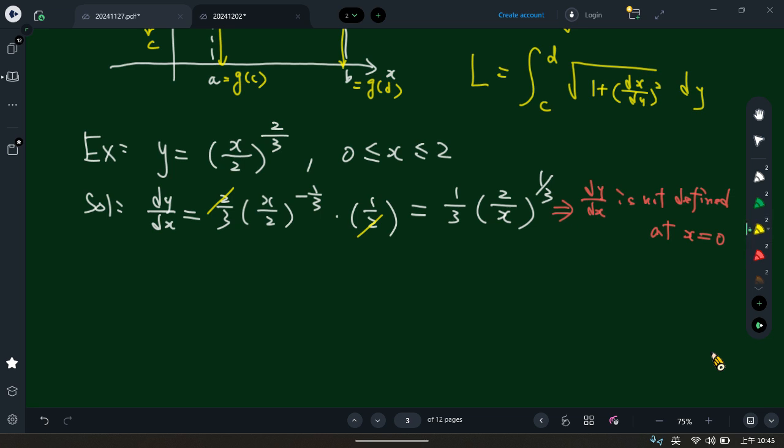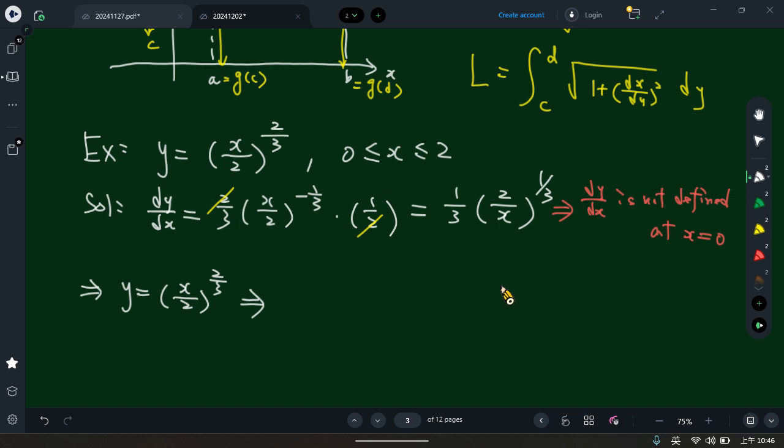So originally, y is equal to x over 2 to the power of 3 over 3. Then this is from x angle, then get y value. So this is y is blah blah blah x. We need to find some way to convert it into x is equal to blah blah blah y.